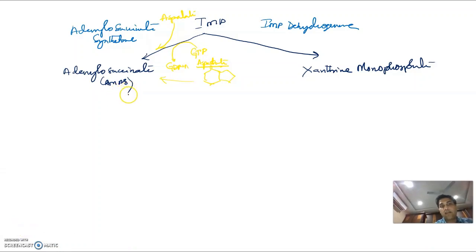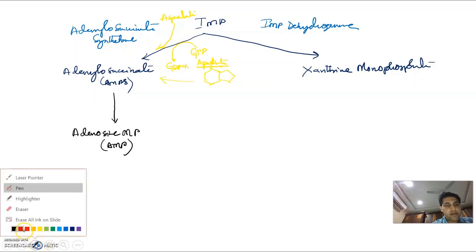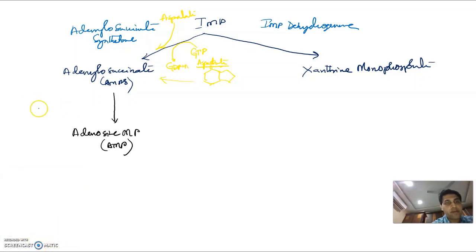Now this adenylosuccinate gets converted to adenosine monophosphate or AMP in presence of adenylosuccinase.